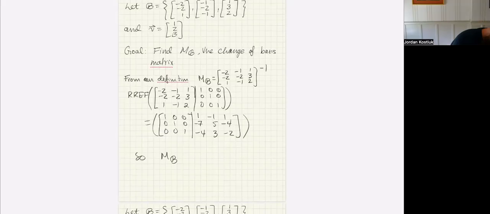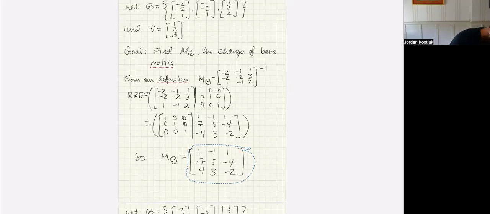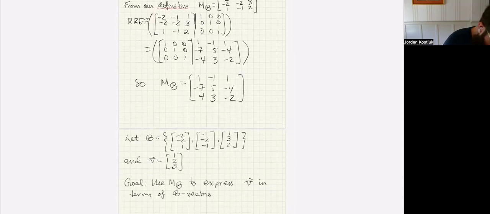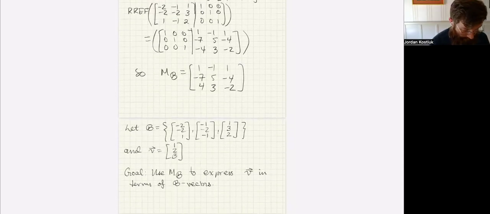So our final answer, this change of basis matrix, is this guy here. And because I'm going to need it later, let's go ahead and save that. All right. So that's the change of basis matrix.